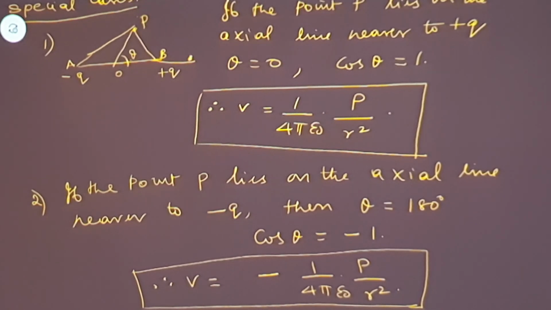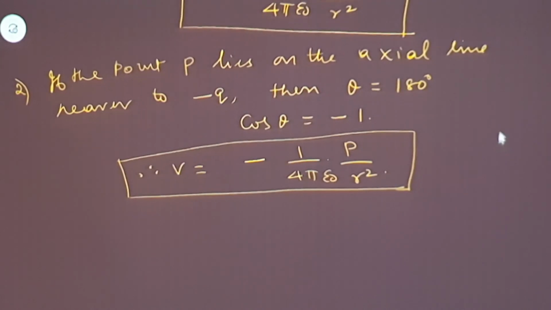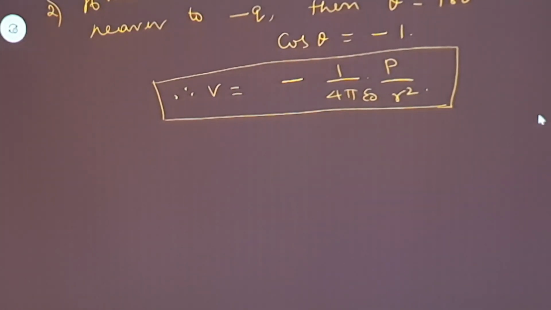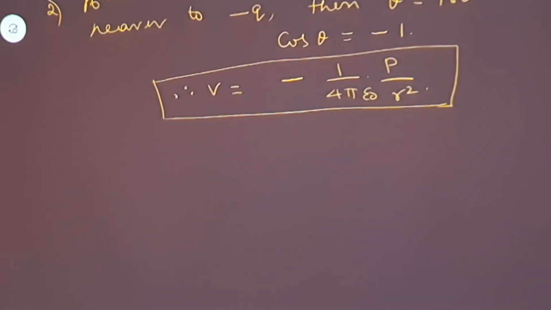What about the third special case? See, in order to consider the third special case, the point P should be taken on the equatorial line, that is, on the perpendicular bisector of the axial line of the electric dipole. So let us consider the point number 3. If this is the dipole having the point minus Q and here is plus Q, and if this is the perpendicular bisector and the point P is here, what will happen?